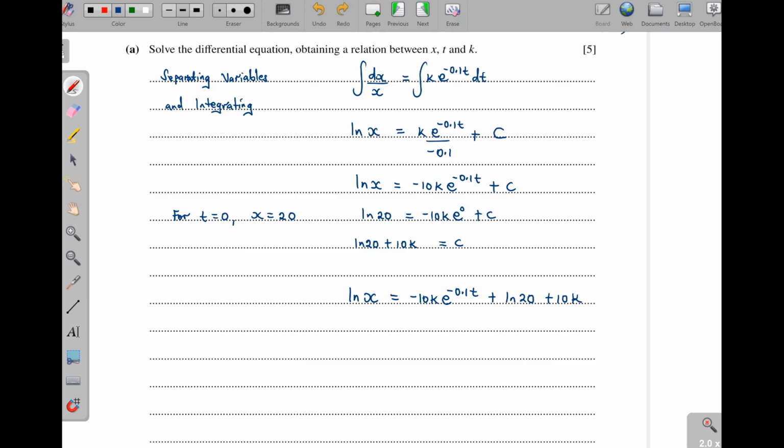Okay, and I say this will be natural log of x, which is equal to, now we can see 10k, which is common here. So I will say 10k. Now this one is positive, so that will be a 1. Then there is a minus here, so minus, then e to the power of negative 0.1 of t, then plus the natural log of 20. So I can leave it there. Even if you leave it here like that, no problem.